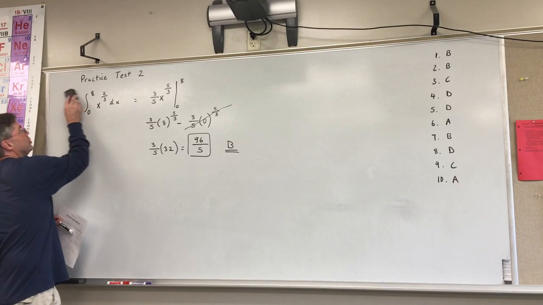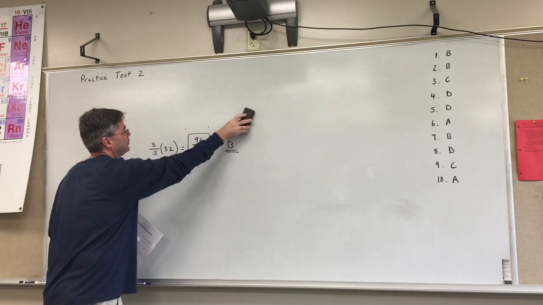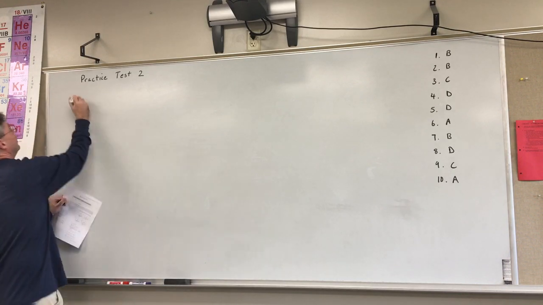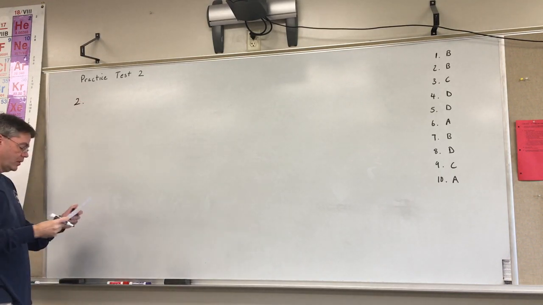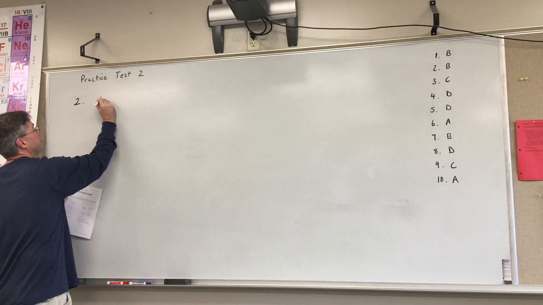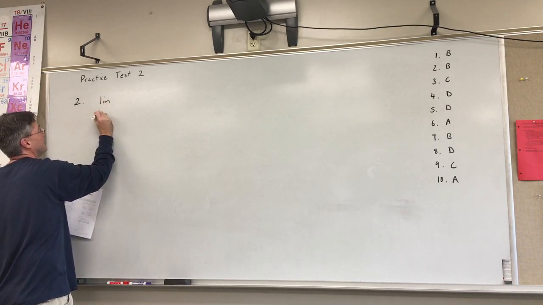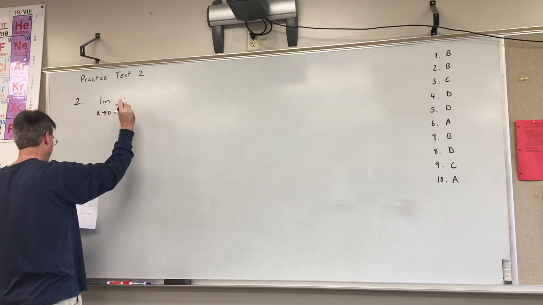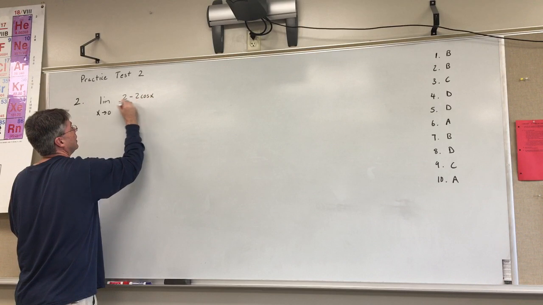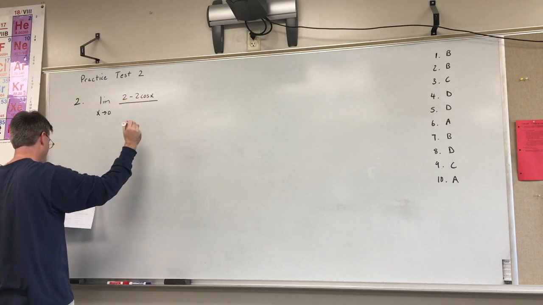All right, let's do number 2. Number 2 says, what is the limit as x approaches 0 of 2 minus 2 cosine x over x?